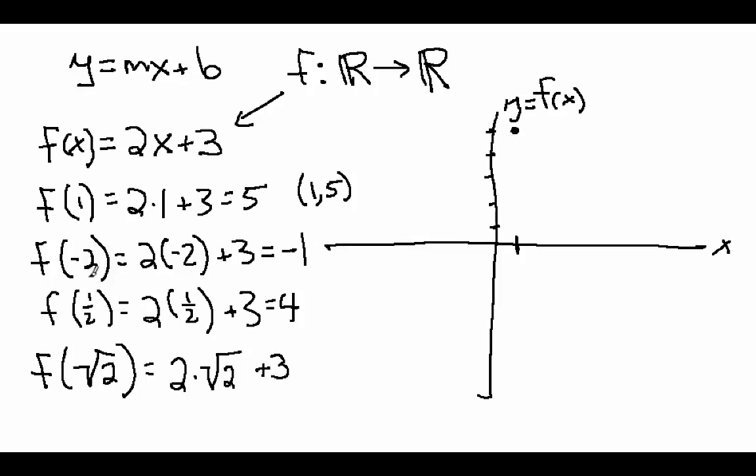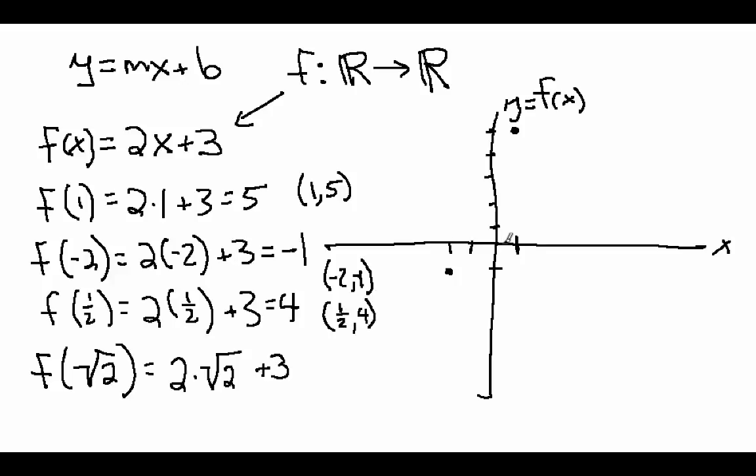Likewise, we can see that minus 2 got mapped to minus 1. So that means that the point minus 2, minus 1 is also on this. So if I come over here, minus 2, I come down here to minus 1, that point is also on the line. This is telling me that the point 1/2 and 4 is on the line.